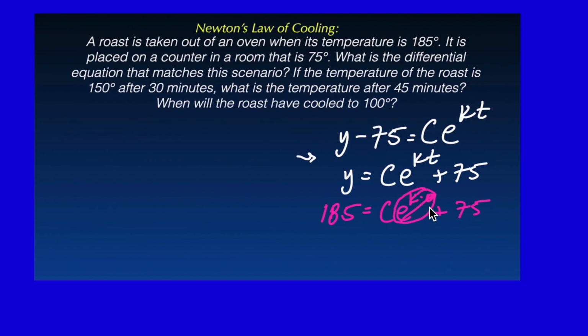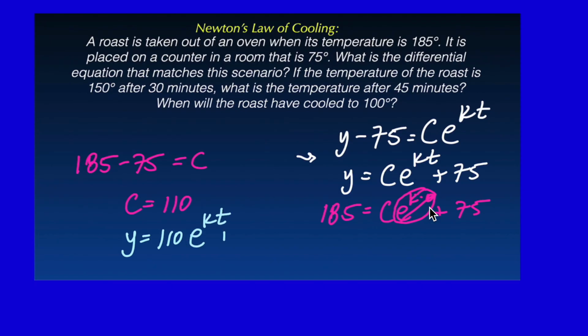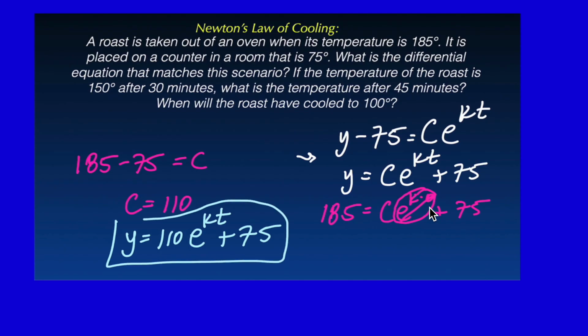So we're going to end up with c being 185 minus 75 equals c. c is going to equal 110. So now we can rewrite this equation, the working equation, as y equals 110 times e to the kt plus 75.